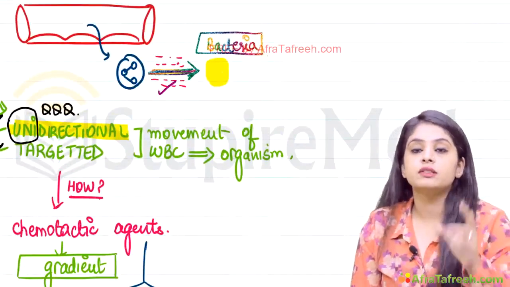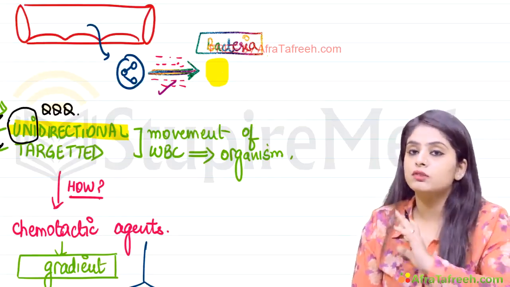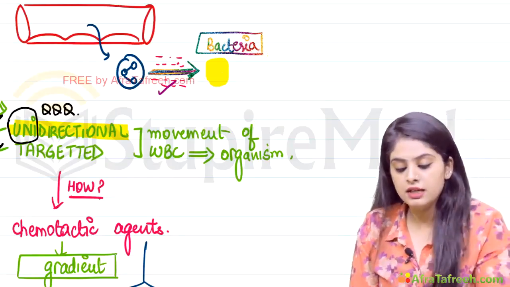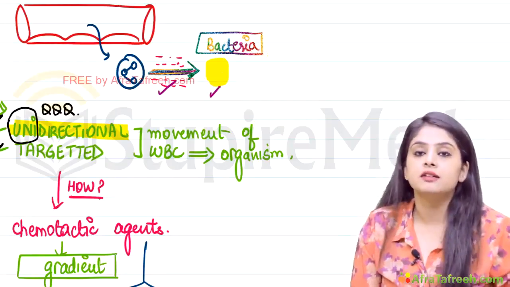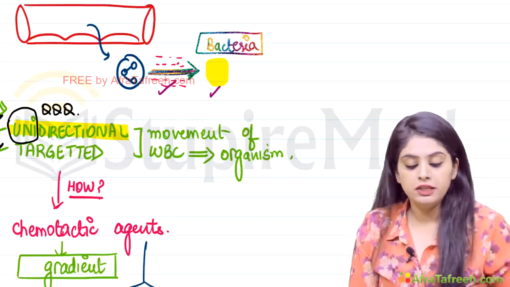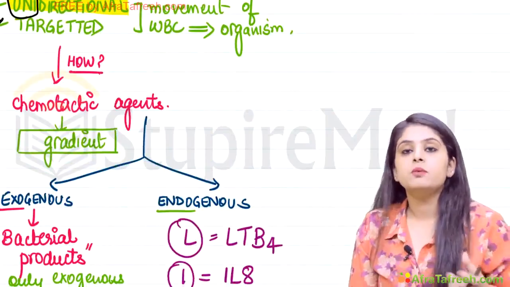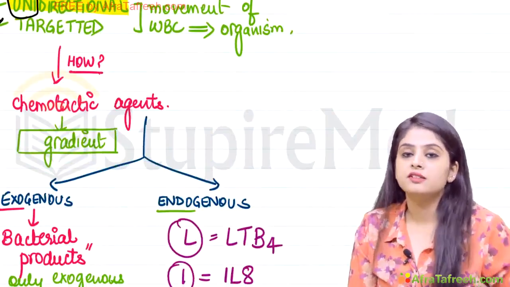They will make sure that this WBC remains focused. They will make sure that this WBC goes nowhere else, knows its target and goes to its target, that is the organism or the bacteria. One question that you need to know, the last one about this chemotaxis, is everyone knows of drugs, that is steroids.